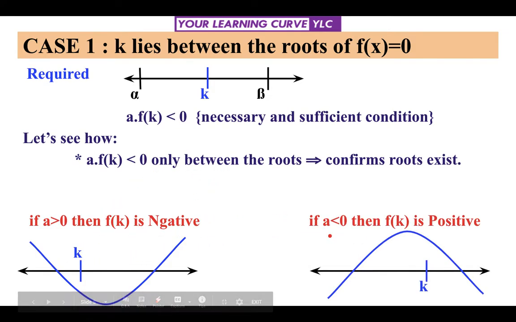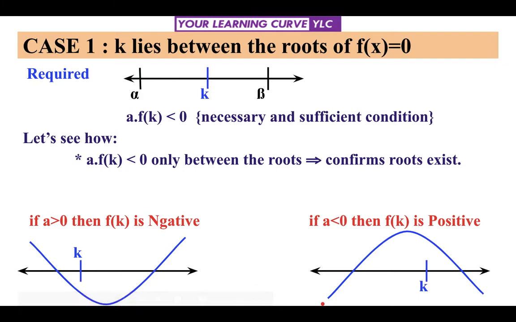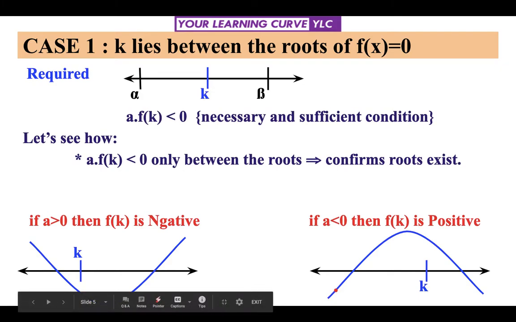If a is less than 0, then f of k should be positive, and if f of k is positive, then we say that the parabola is downwards, it is increasing from minus infinity and attaining a positive value at k.